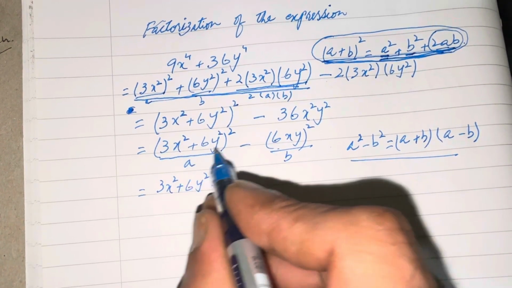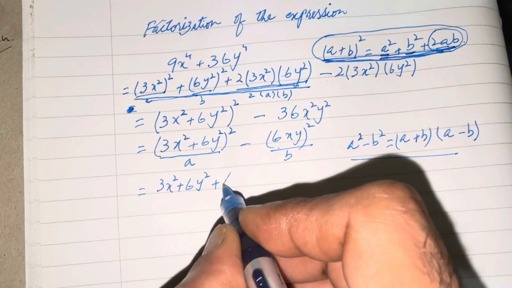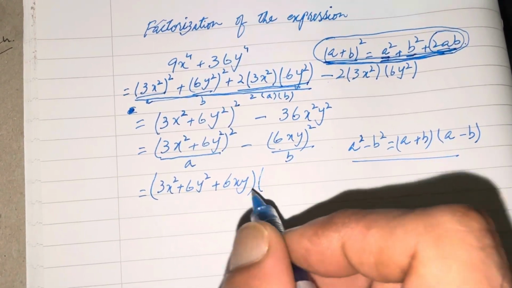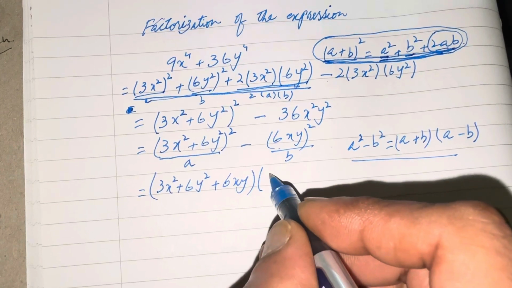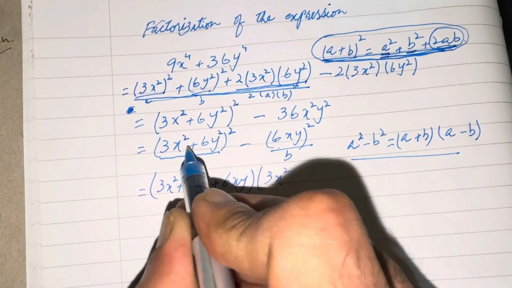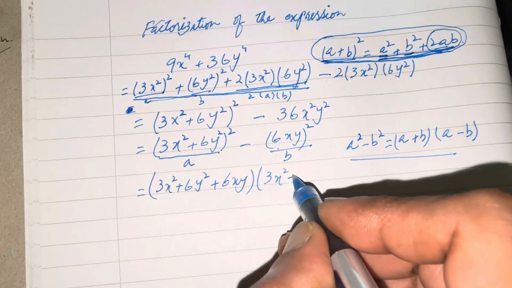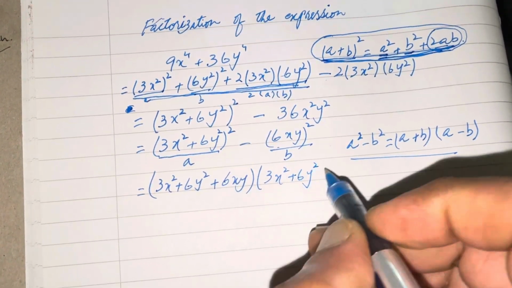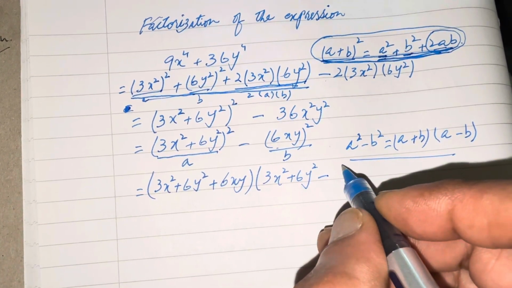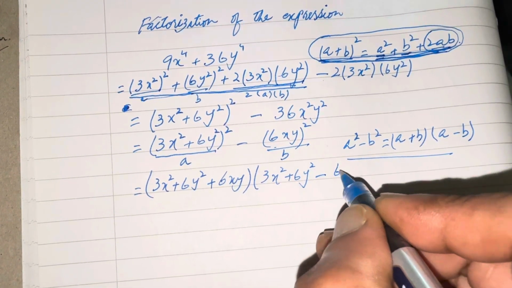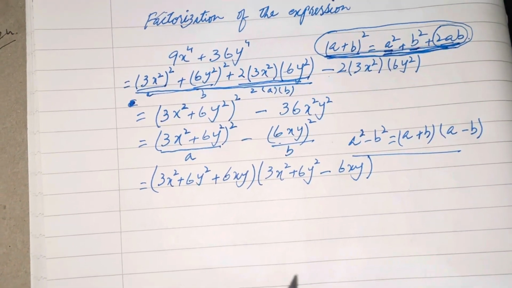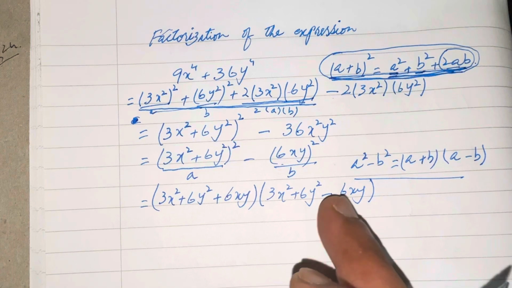So first plus second into first, यहाँ पे ये है 3x square plus 6y square minus 6xy, or you can say the second. So that's the formula we have used.